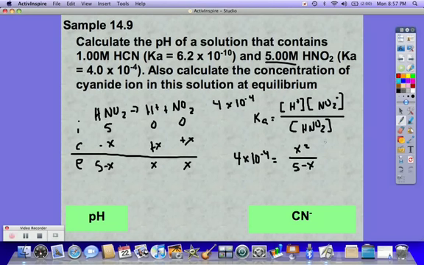Again, we can ignore our minus x because our Ka is still less than 1, which all weak acids are going to be less than 1. We can solve for our x, which is our hydrogen ion, just like every other problem we've done. So our x is equal to 0.045, and pH is equal to 1.35.